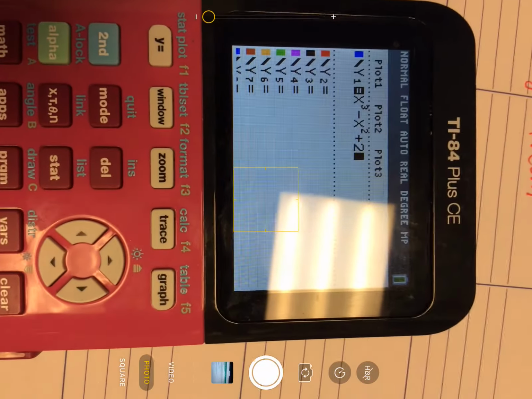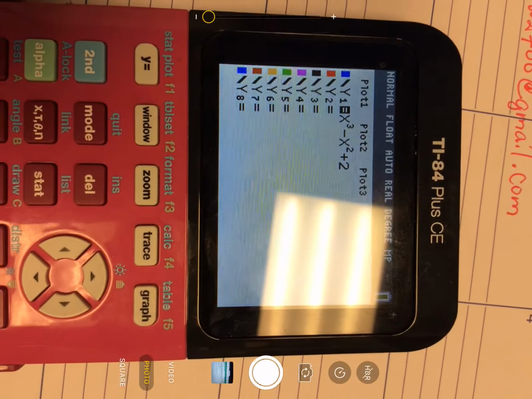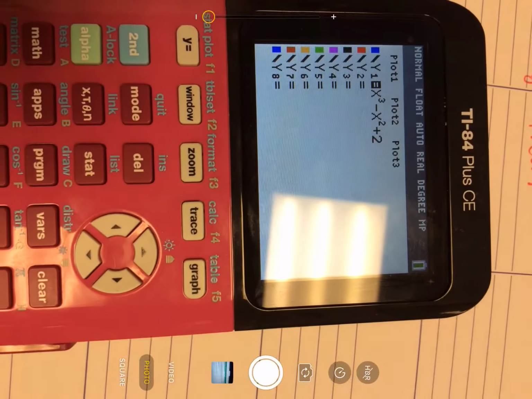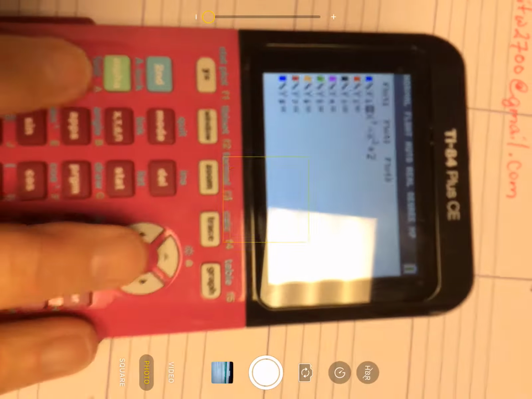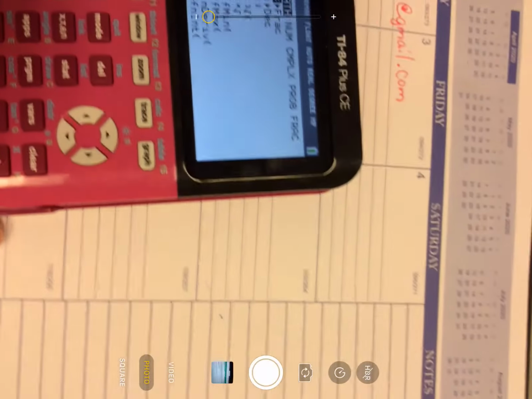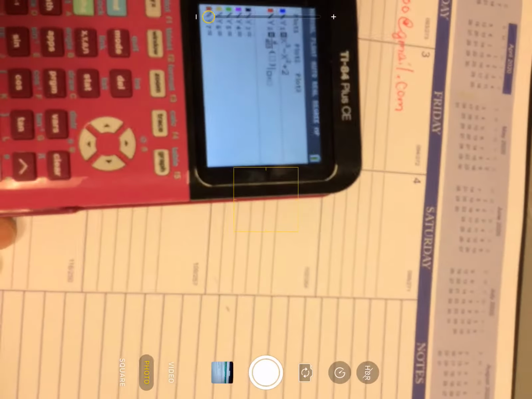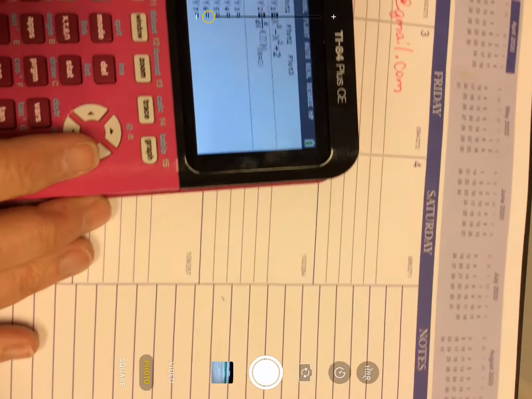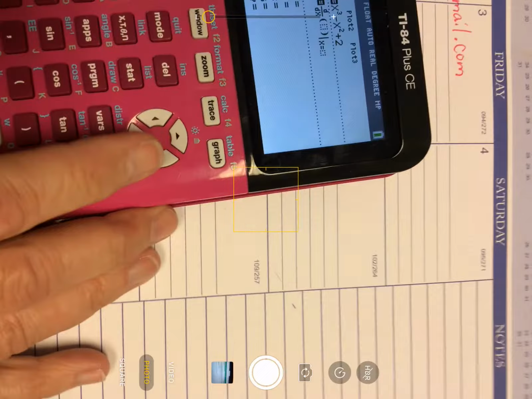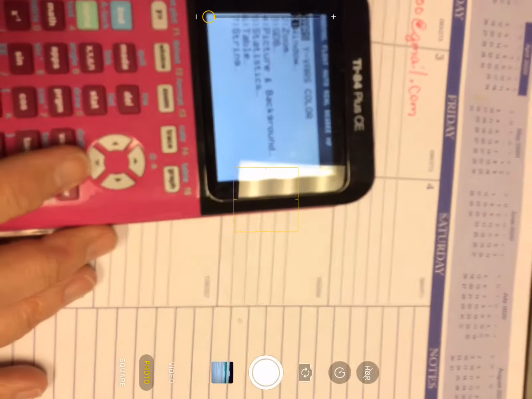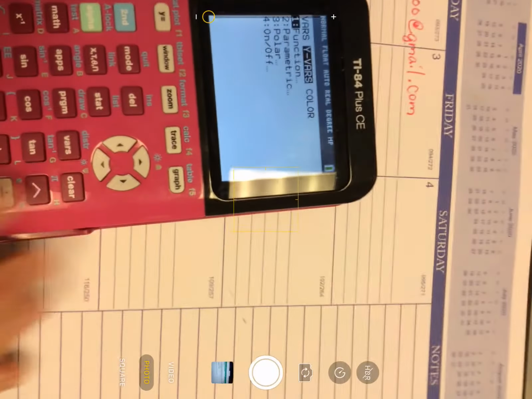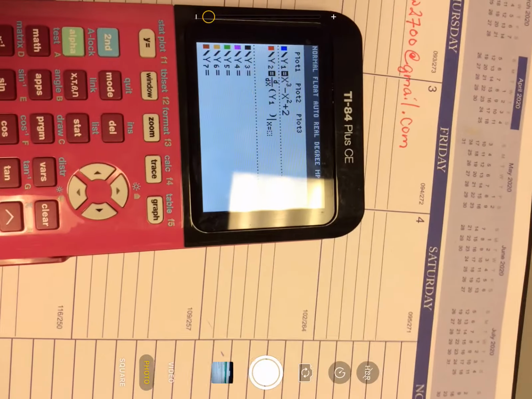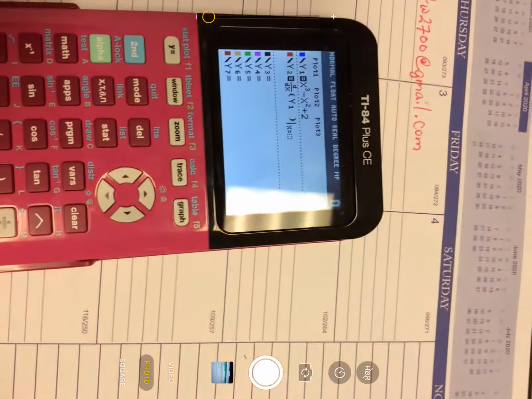That's f of x. Then we're going to go down and we'll take the derivative of that and put it in there. So we go to math, and number 8 is n derivative x, and here we're going to go to vars over to y vars function, and we're going to hit y1 because it's going to take the derivative of what we just put in.